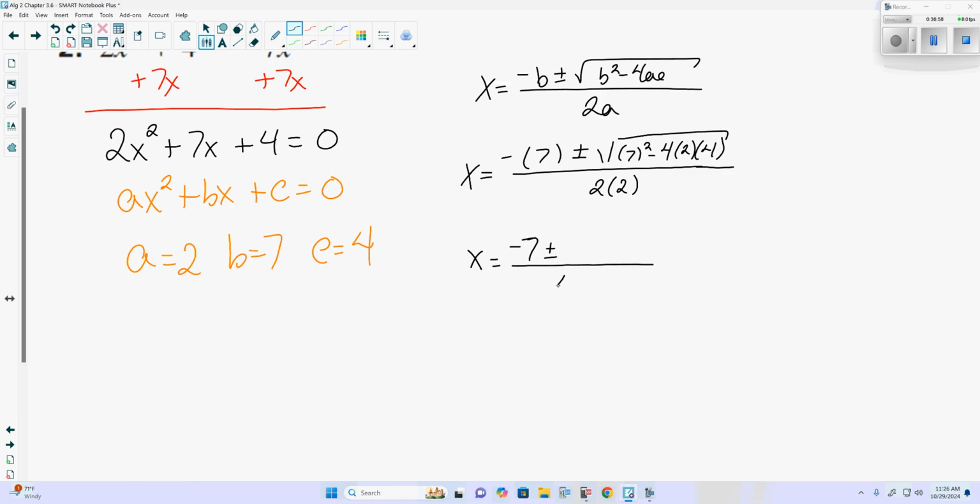The denominator 2 times 2 is 4. Because if we do 7 squared minus 4 times 2 times 4, we do get 17. And incidentally enough, the square root of 17 doesn't reduce. There was nothing in common with all three terms. This is as far as it goes.